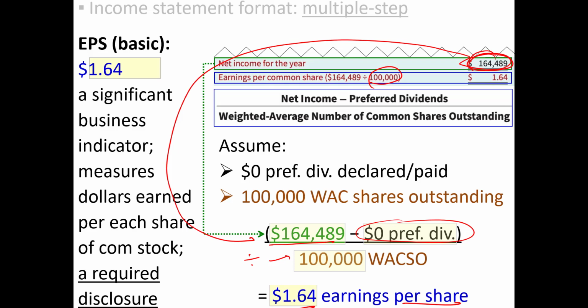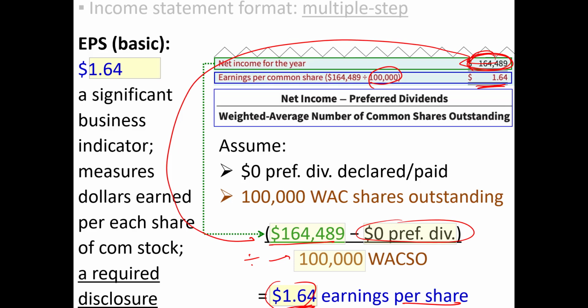But if you're a shareholder, if you own one share and the company reports $1.64 per share, that might mean something to you if you also own, say, one share of another company. Companies will disclose not just their net income, but their net income on a per share basis so investors can figure out, hey, am I really getting the most from my investment in this company?